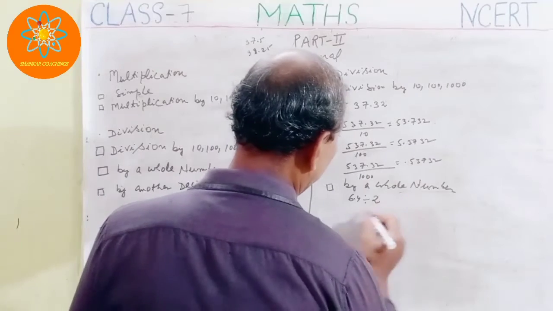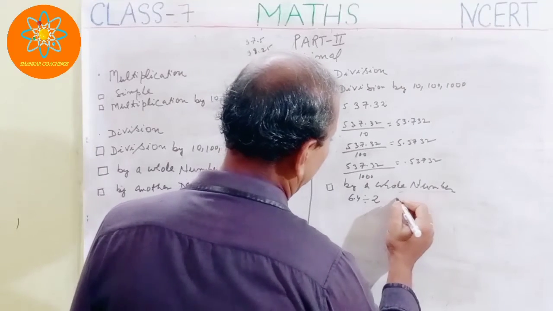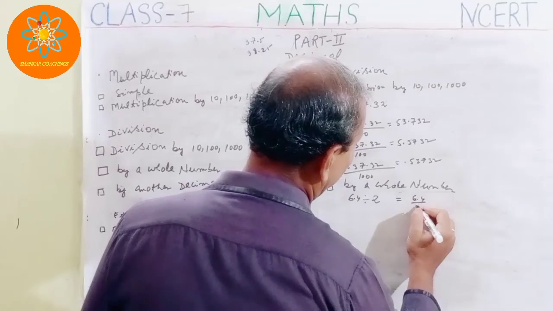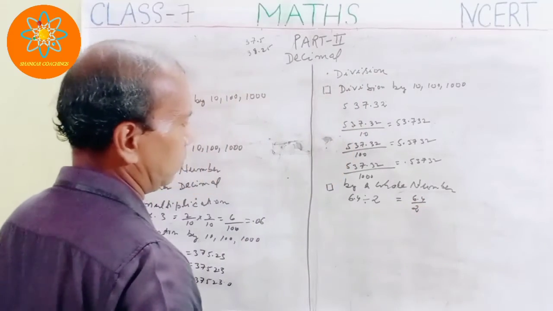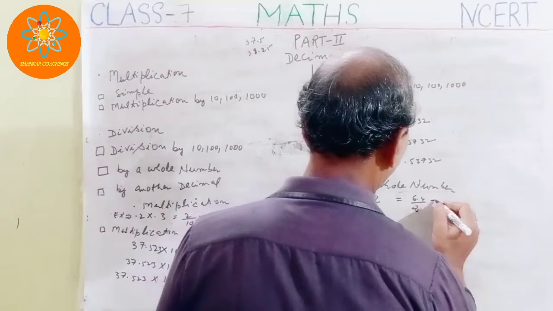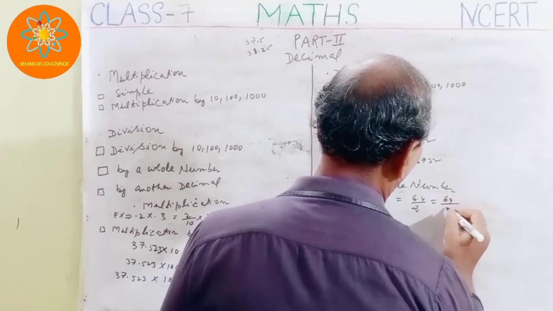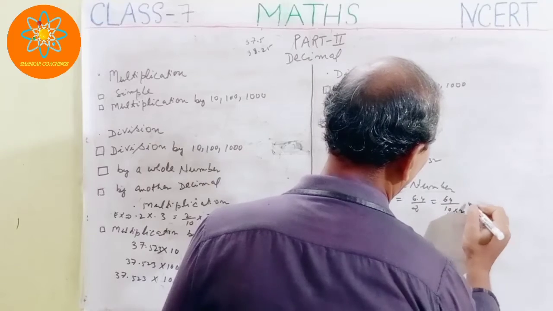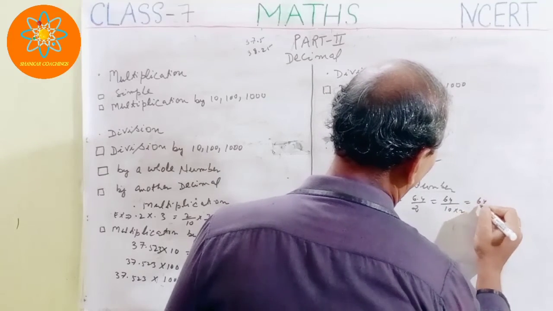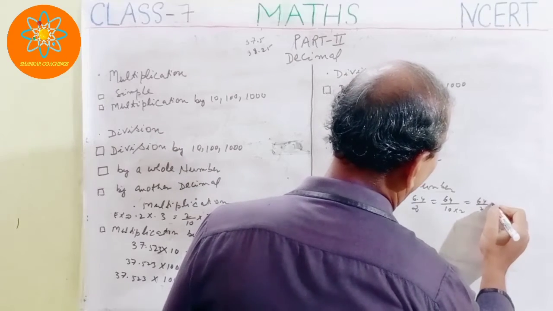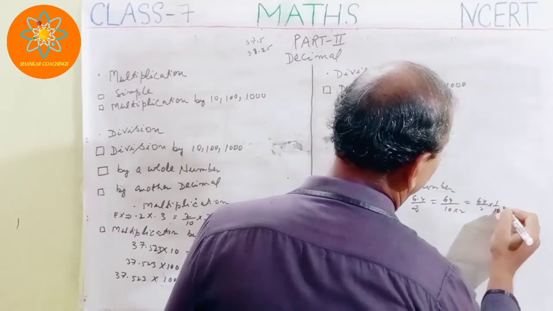Obviously this is equal to 6.4 divided by 2. Or I can write it as 64 by 10 into 2. So 64 by 2, and into this is 1 by 10.